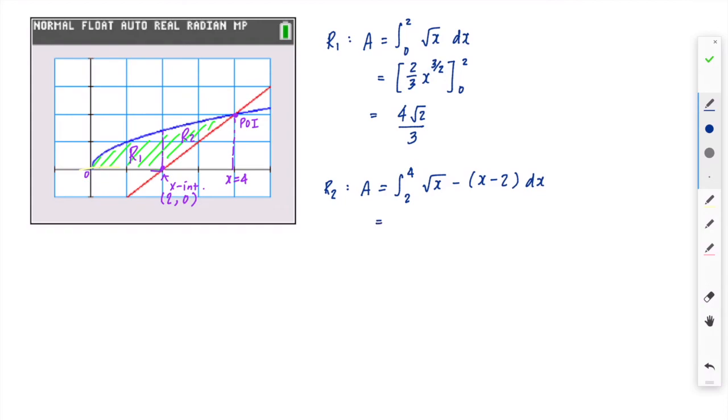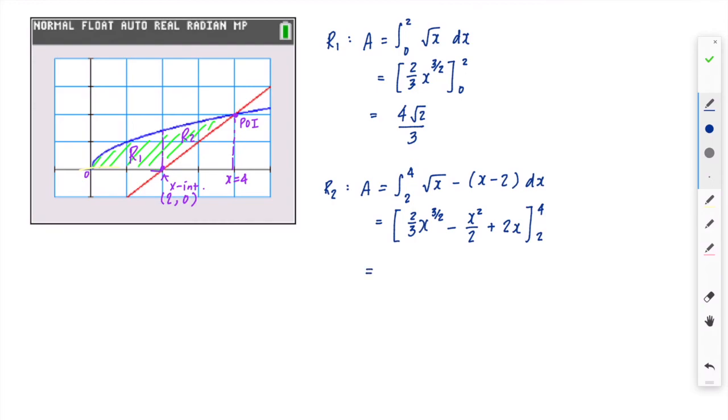So I know that the integral of the square root of x is x to the power of 3 over 2 times 2 over 3, minus the integral of x, which is x squared over 2, plus the integral of 2 dx, which is plus 2x, going from 2 to 4.